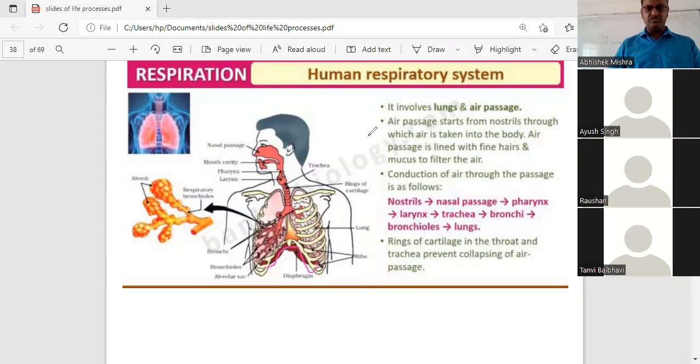It is a muscular organ. Now this diaphragm contracts and moves inward and downward. So when we breathe in air, the rib cage moves upward and outward.